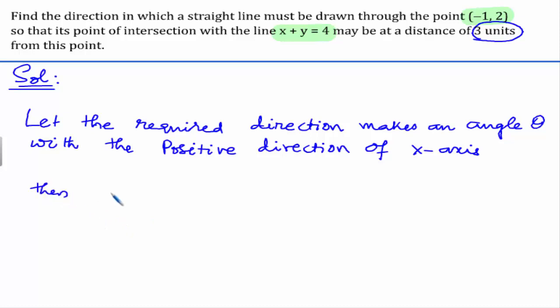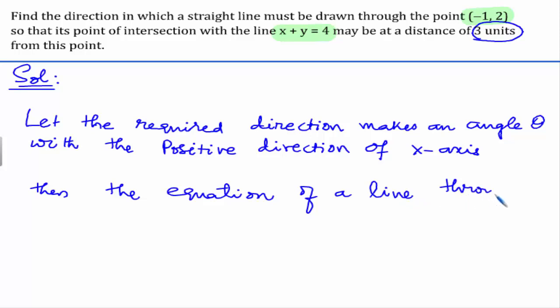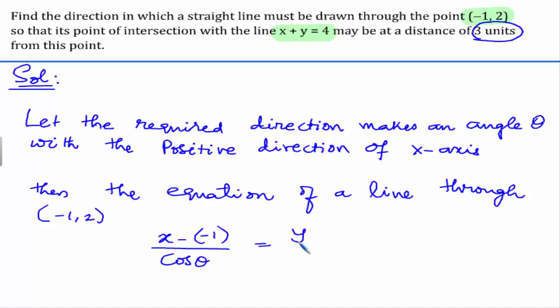Then the equation of a line through the point minus 1, 2 in the above said direction will be x minus of minus 1 by cos theta, which is equal to y minus 2 by sin theta, that is equal to some variable r.